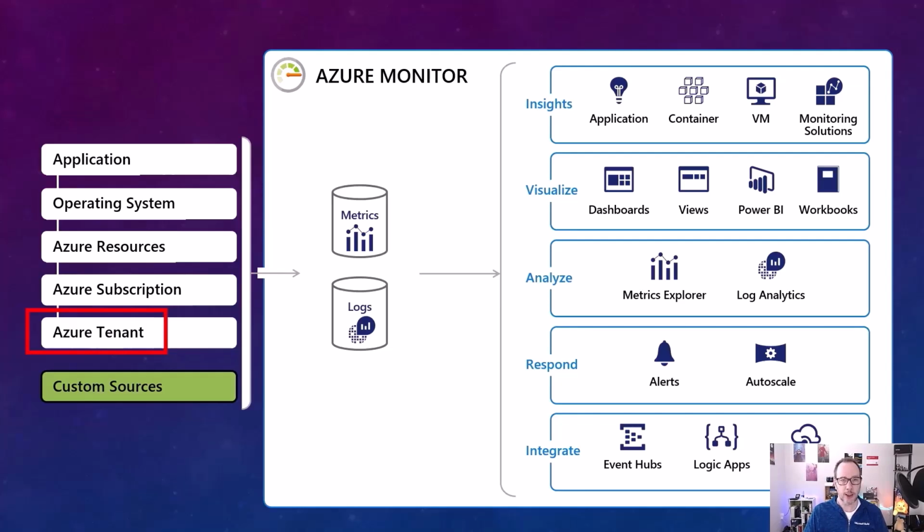Now, when you look at the topology, it starts with your Azure tenant. What this means is that Azure Monitor allows you to monitor anything that's running as a service in your Azure environment, but it's tenant-based. So it means one single tenant for Azure Monitor. By the way, I'm not really going to talk about it a lot.